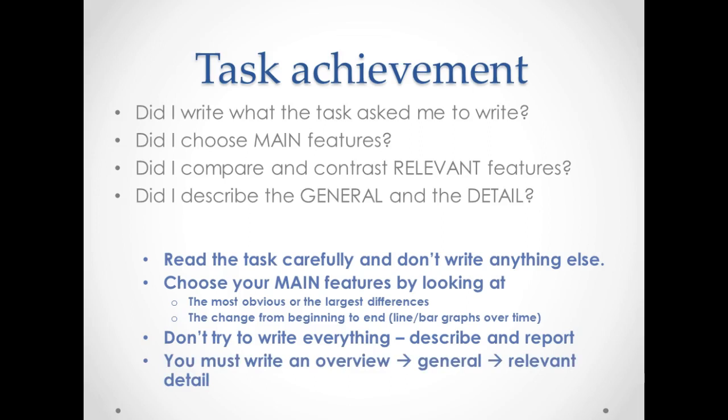And then also you must write an overview paragraph, not an introduction, an overview, usually followed by general features, and then lastly followed by relevant detail. This is the most common way to get a good score in task achievement.